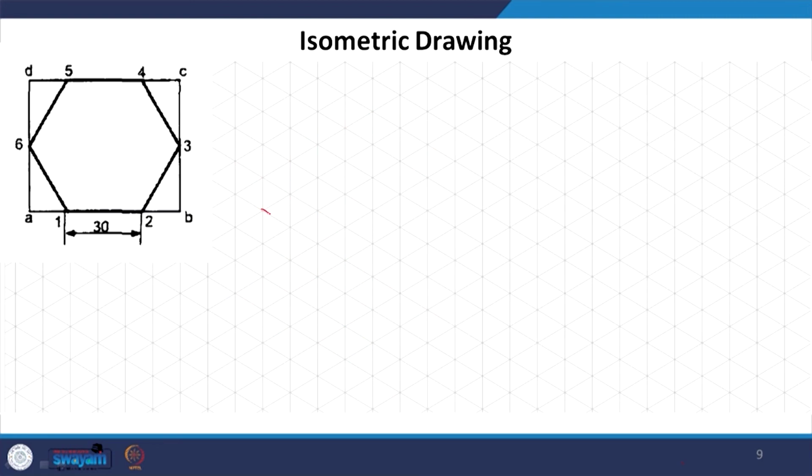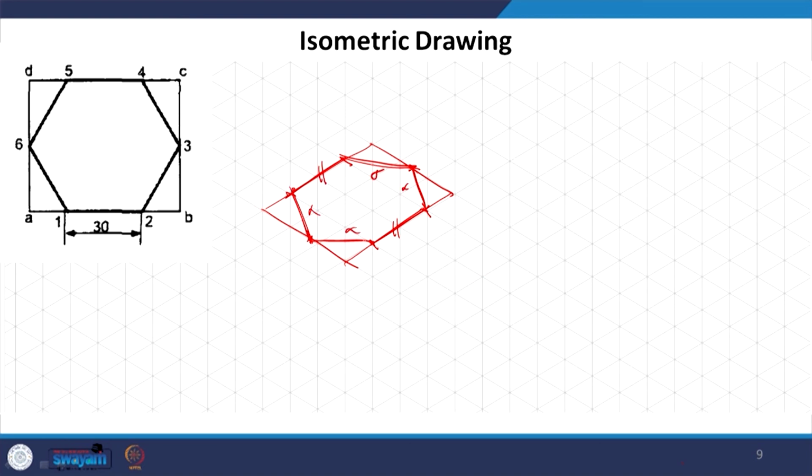I am drawing it very simply, but it is not going to be simple all the time. This is how you will draw your hexagon. Now I can measure two of the sides here, this one and this one, but we cannot measure these ones because they are non-isometric.